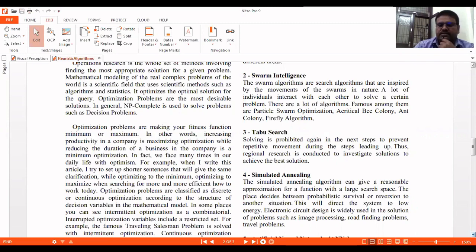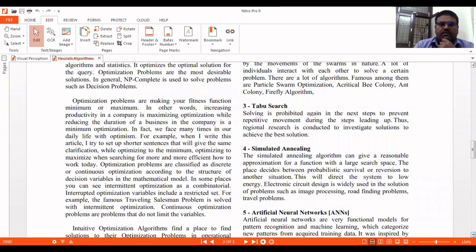Continuous optimization problems are problems that do not limit the variables.